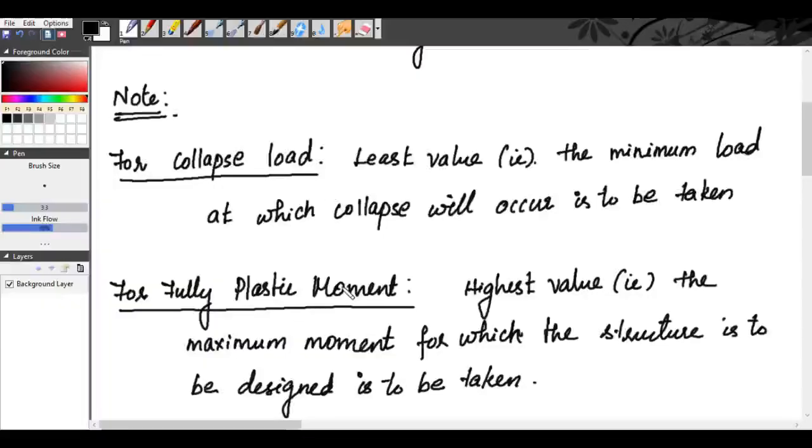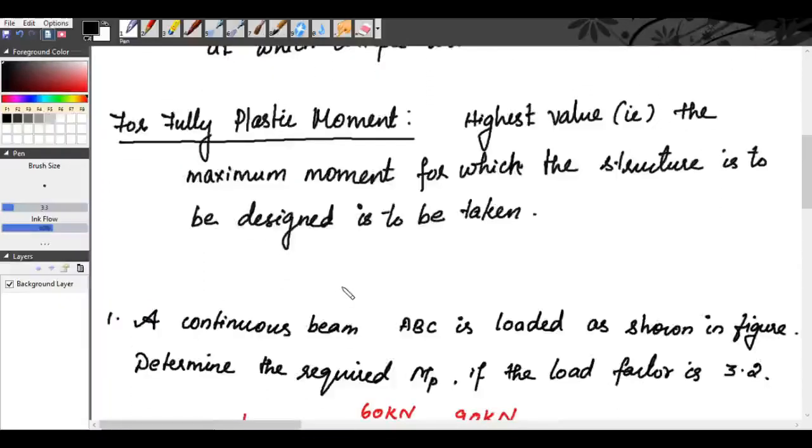When you are considering the plastic moment, the highest value should be considered. That is, the maximum moment for which the structure is to be designed is to be taken. That means, see, when we design, we design for the maximum moment. The collapse load is the least load for which the structure will collapse. That is the meaning of that. Okay.